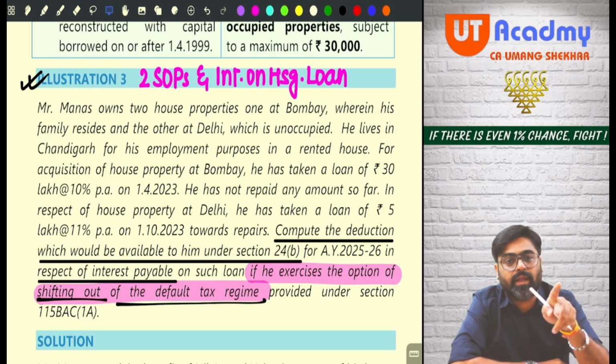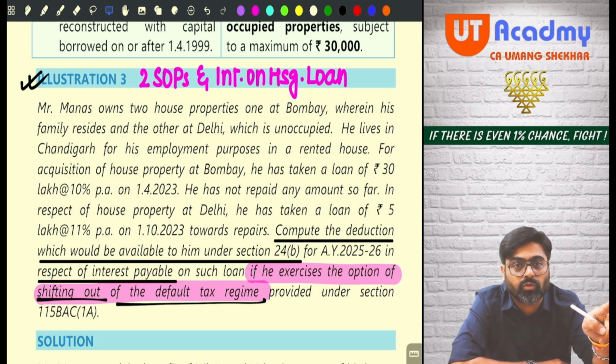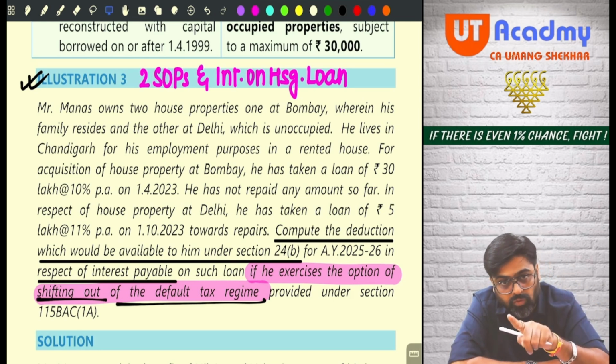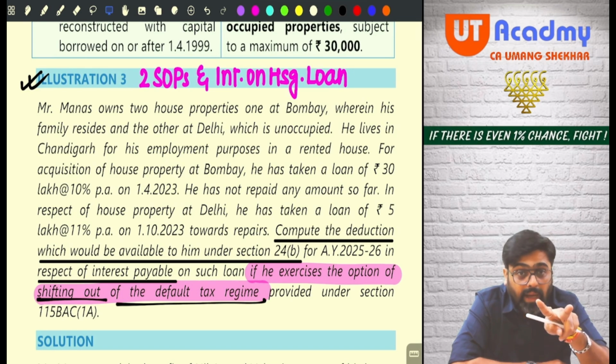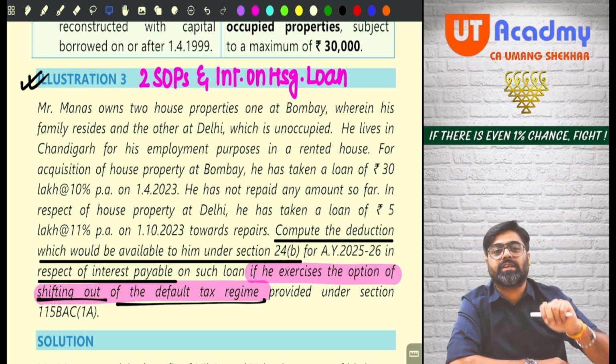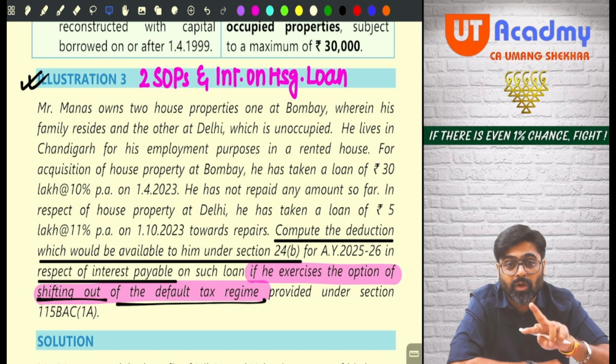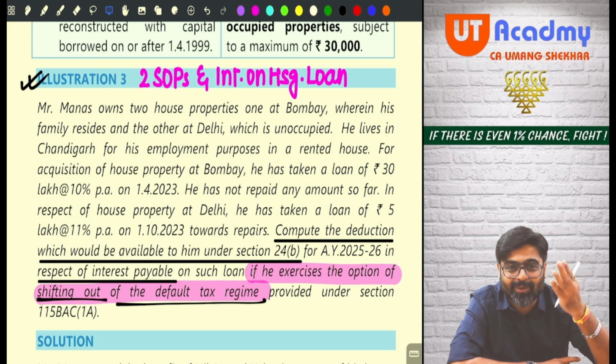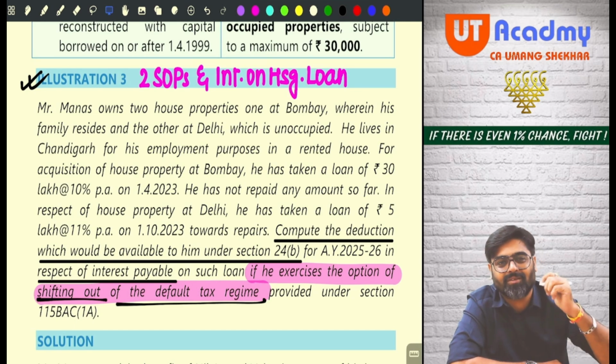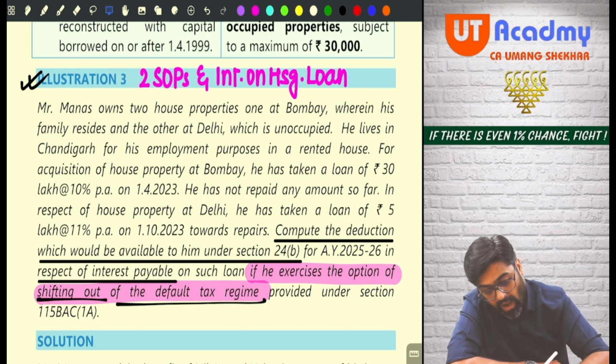Now from this information, they are telling you to compute the interest on housing loan deduction available for house 1, house 2 and the total deduction available under section 24(b). Getting my point? SOP 1, SOP 2 both taken together cannot be more than 2 lakh. Do you remember? That same concept is there.